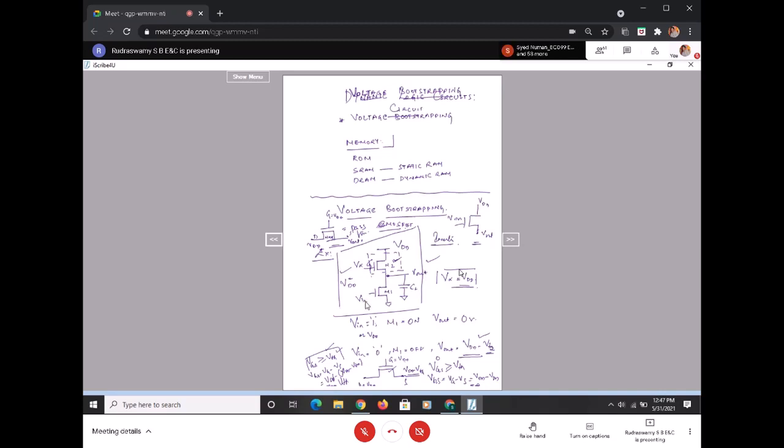When input was 0, V out I should get VDD, because that is the inversion, but unfortunately I am getting VDD minus VT. There is a threshold voltage drop at the output, because for this M2 transistor, Vx is at VDD and the drain is at VDD. The source of this point cannot go beyond VDD minus VT.